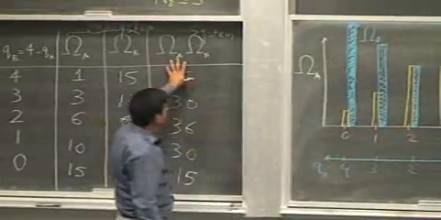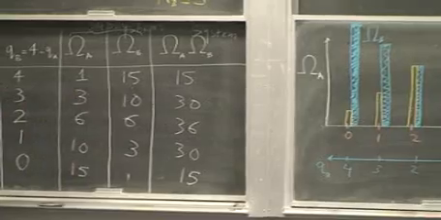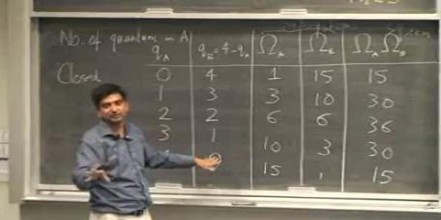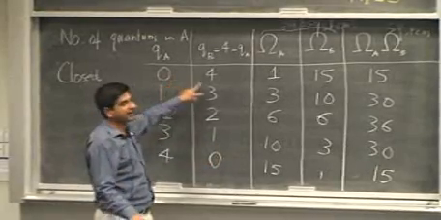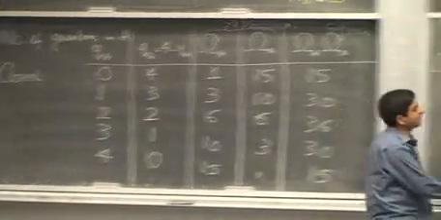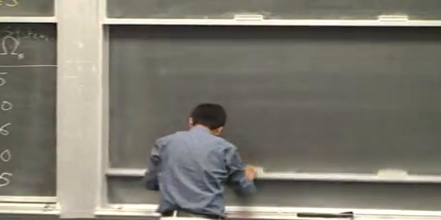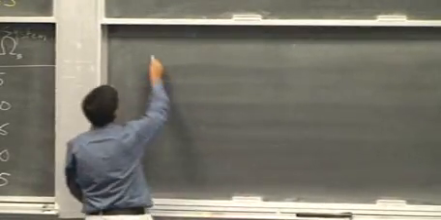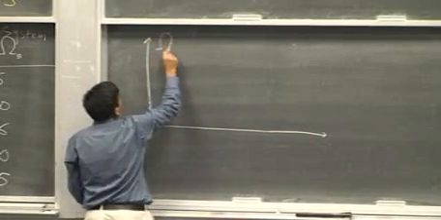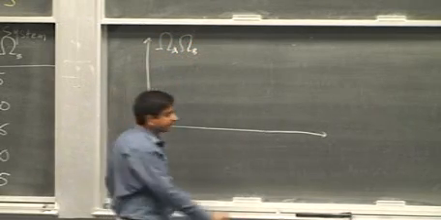So let me plot a graph of omega A, omega B versus QA. I just need to plot it versus either of these quantums because we know the total number of quantums. If I know QA, I know what QB is. If I know QB, I know what QA is. So I'll make another graph in which I plot omega A, omega B versus QA.